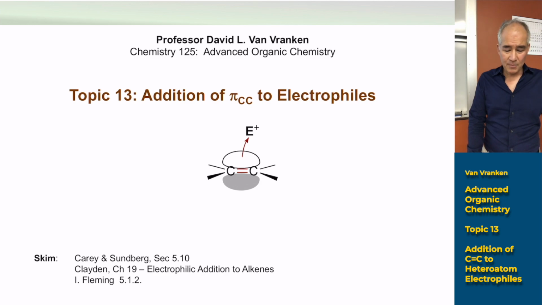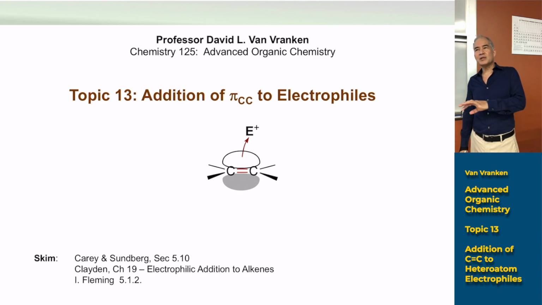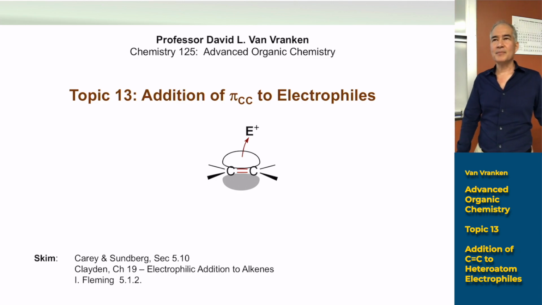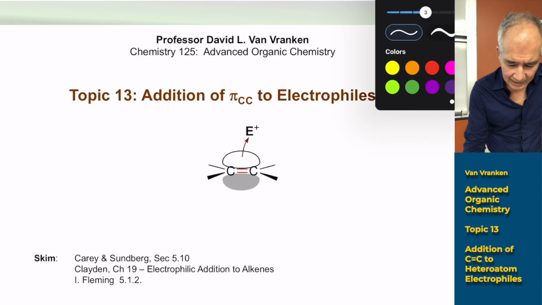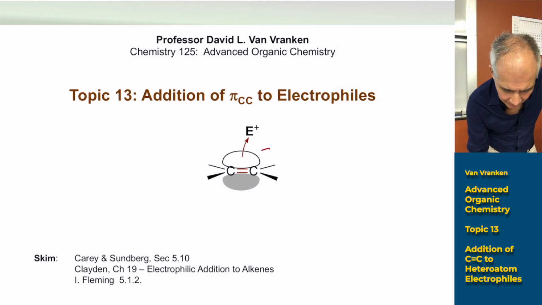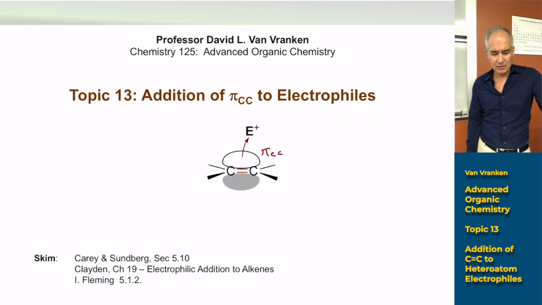If you knew nothing more, you'd say, well, a double bond's not going to be as reactive as a lone pair. That's true. But if we're very careful to exclude lone pairs from our system, or if they can only react reversibly, now we're set up to start talking about things like CC double bonds acting as nucleophiles. And in this case, it's going to be the pi-like orbital, pi CC, adding to some electrophile.